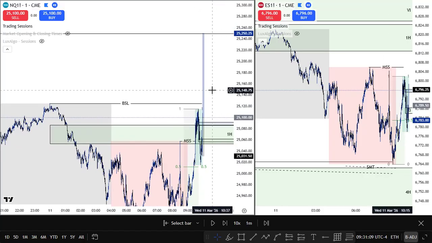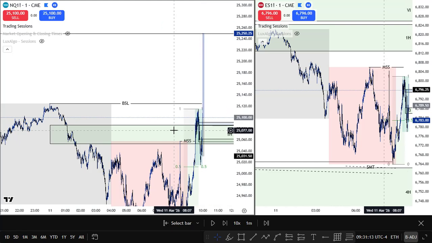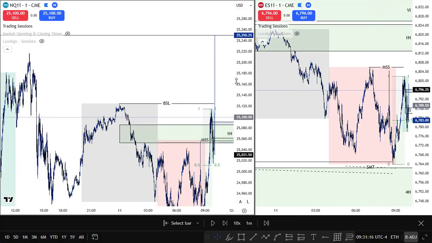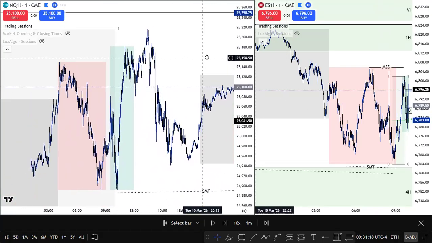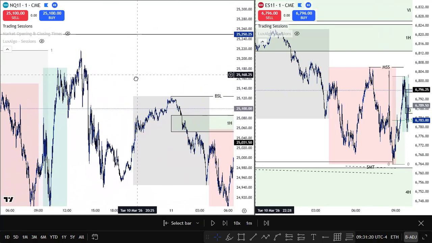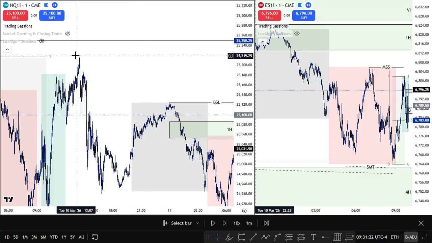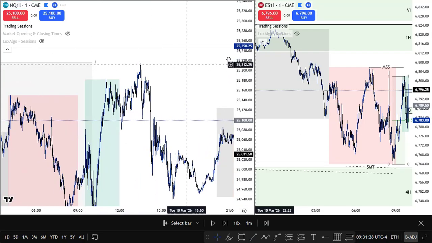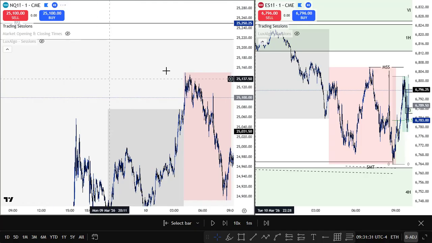When we expect algorithmic price delivery, most of the time I expect price to displace, not to start accumulation, right? So I would definitely consider this, and my second take profit target would be this beautiful previous day high. If it's previous day high, it is previous day high.